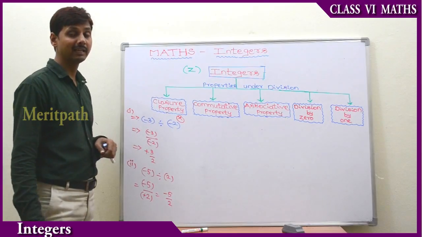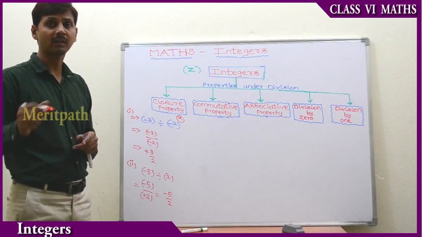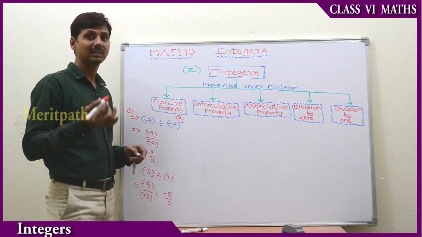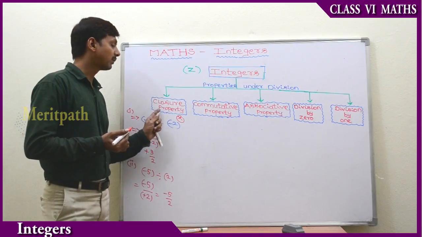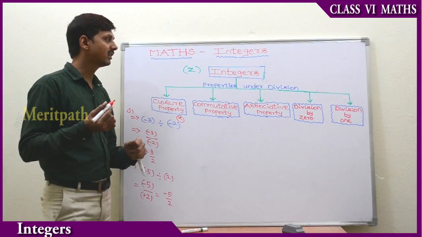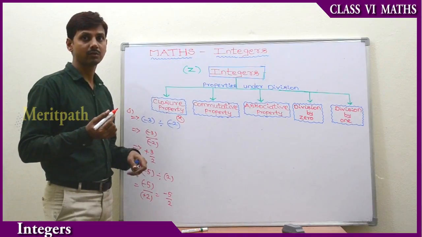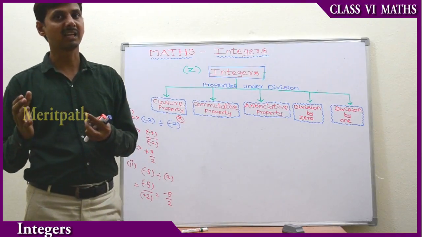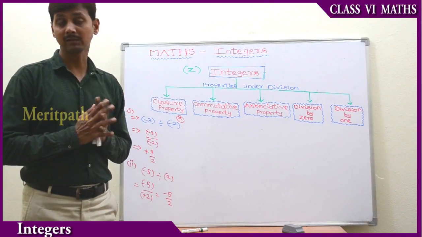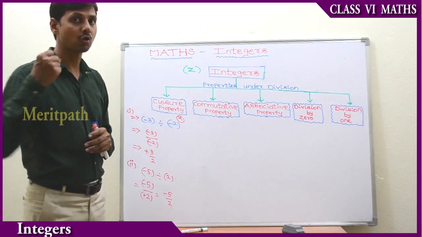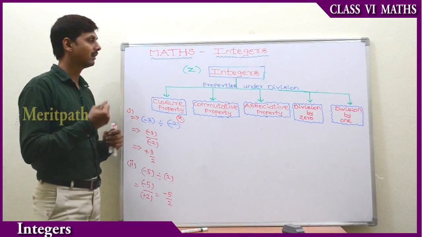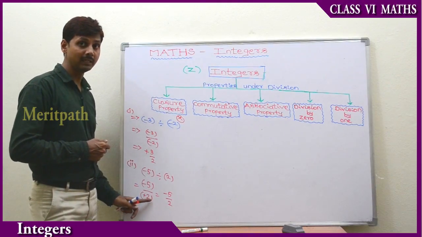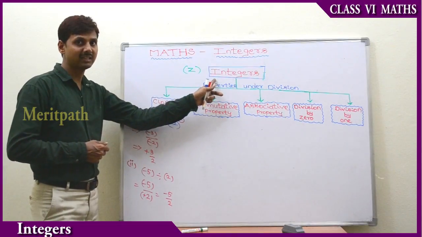In some cases, if we take -3 divided by -1, we'll be getting 3. So only in some cases we'll be getting the result as an integer, but for the closure property of integers under division over integers, it's not applicable because it holds only for some numbers. If it is applicable for only some numbers, we say that the closure property is not applicable over those numbers, that is integers. So here the closure property of division over integers is not applicable.